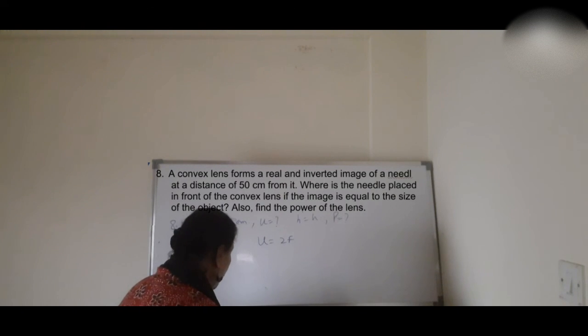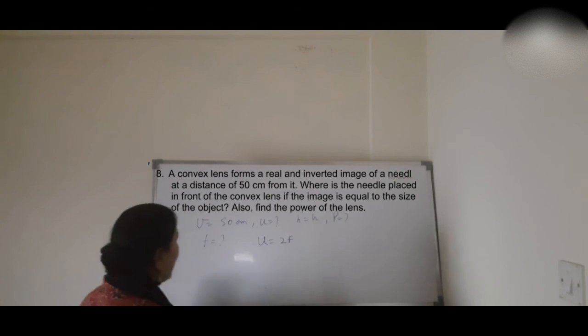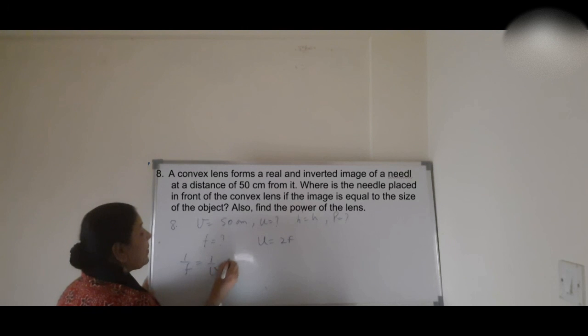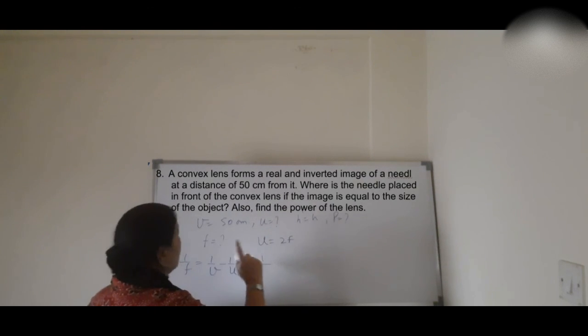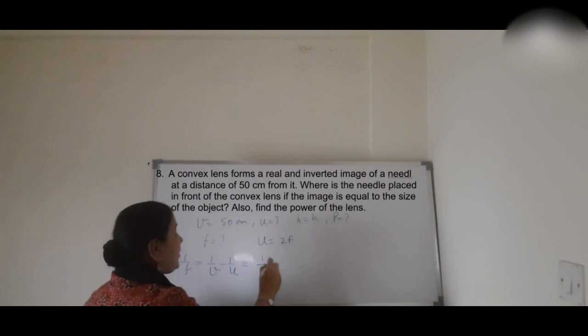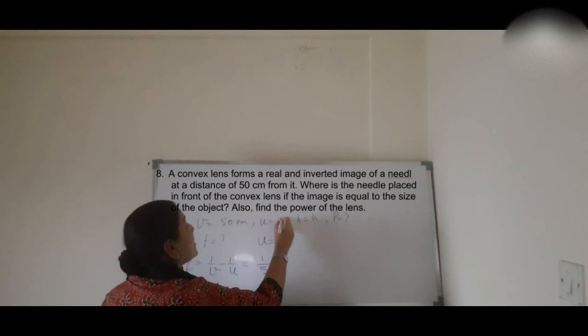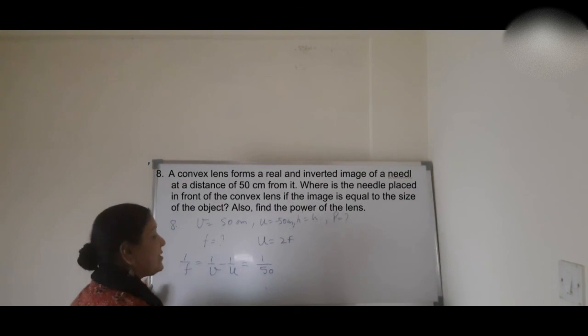Now you have to also find the power of the lens. So you have to find f first. So 1 upon f is equal to 1 upon v minus 1 upon u. v they have given 50. So u also will be 50. So u will be minus 50 centimeter here because they have given same size image.